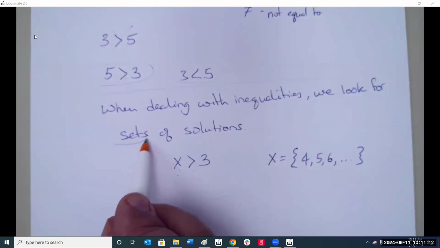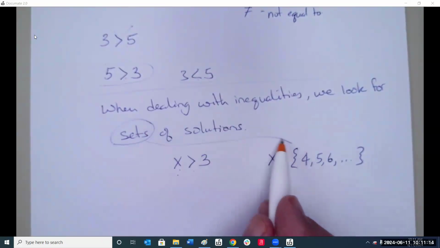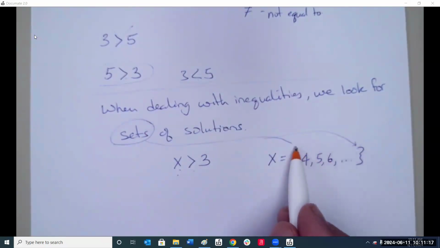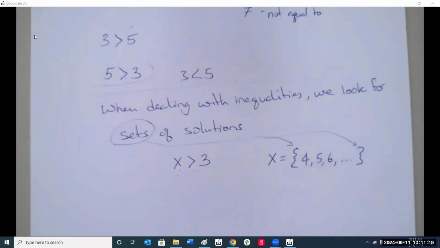Since we're dealing with sets, we use these brackets. Whatever is inside there is our solution, but it's a set of all those numbers. So we're not looking for one number, we're looking for a whole series of numbers.